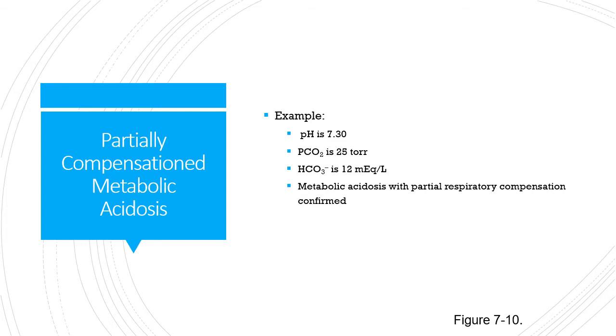The metabolic acidosis with partial respiratory compensation can be confirmed. The pH has not returned to the normal range. The CO2 has already lowered, which starts to happen within a minute or two, and the bicarb is low.